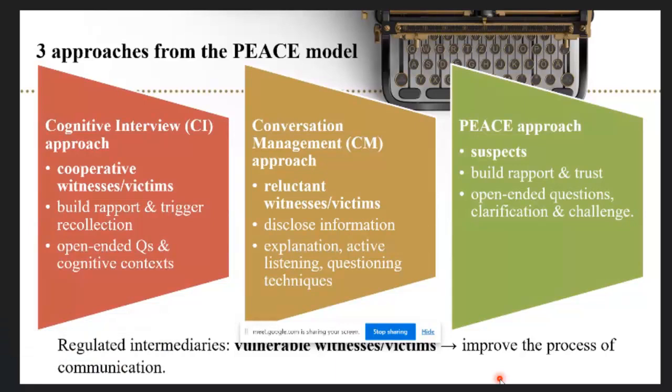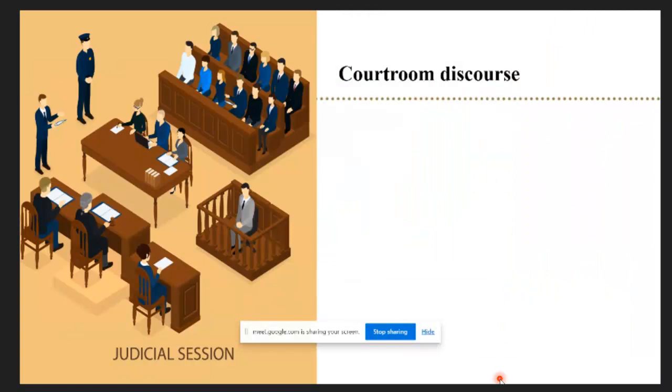So in this case, we need to use regulated intermediaries. These are law firms, or I should say organizations, which advocate for human rights. By making use of these organizations or companies, we make sure that the rights of the interviewees are ensured, and then communication with them will be easier.